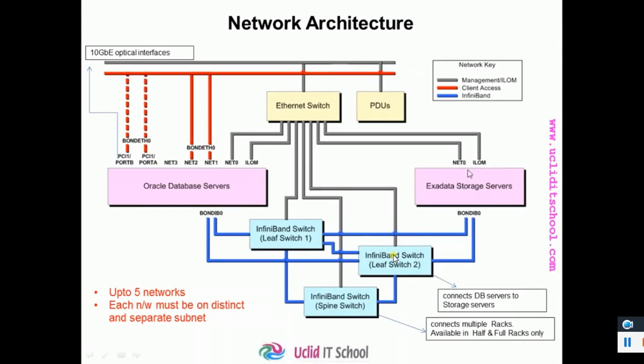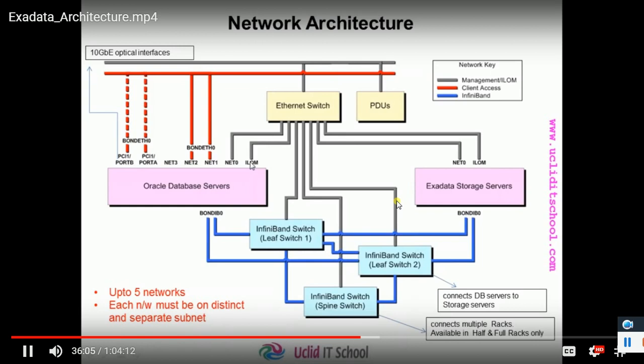If you see on the storage server, you have ILOM interface, net0 interface, and bond IB0 interface. So basically you have 4 interfaces on the storage server. Then on the database server, you have many interfaces: ILOM, net0, net1, net2, net3, port A, port B. These are all the network interfaces used to implement various networks.